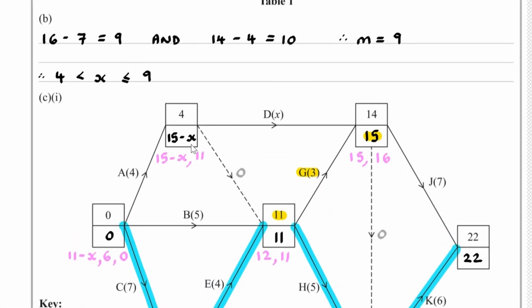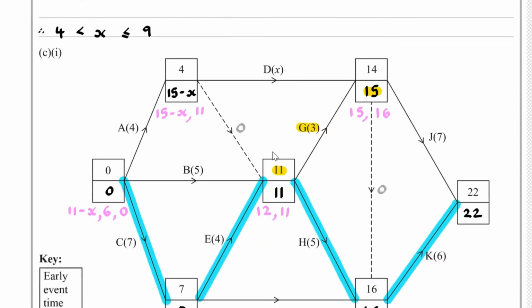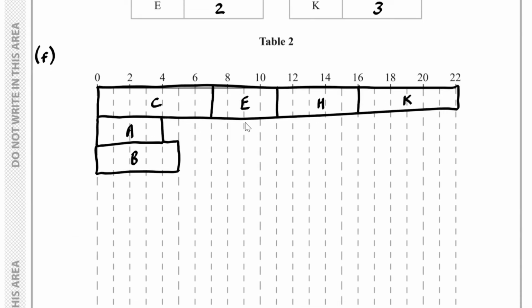So if I calculate the float for A, knowing that X is equal to 6, 15 subtract 6 is equal to 9. So the float of A is equal to 5. So showing the float of A, that takes us up to 9, as we see here.